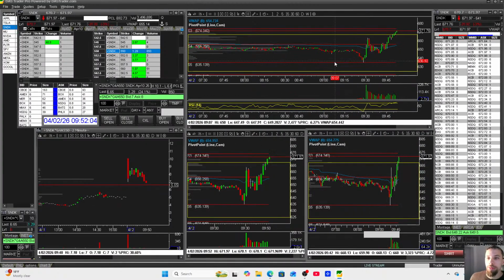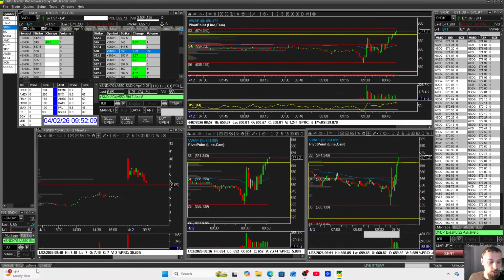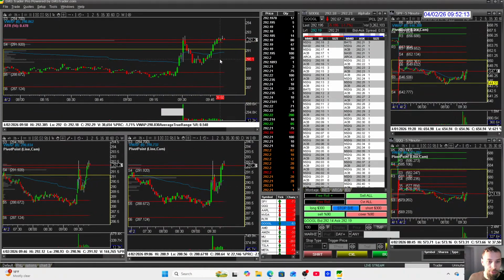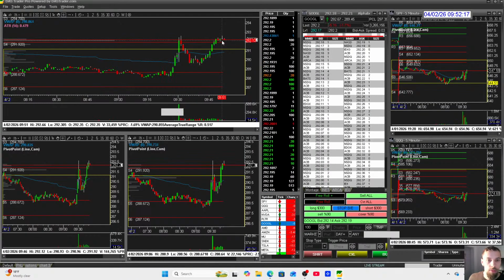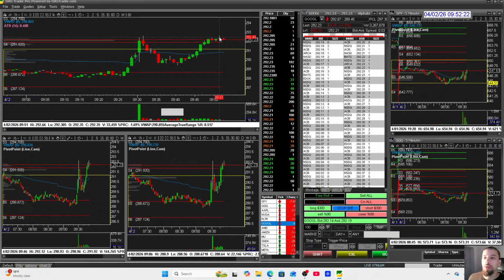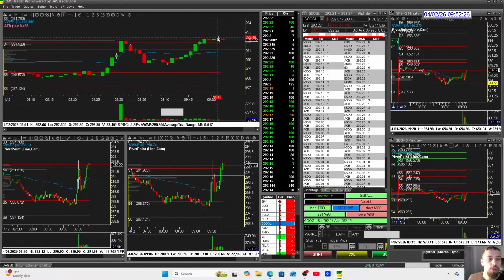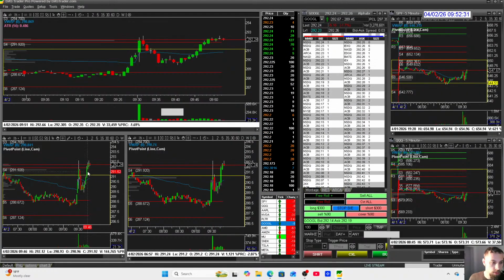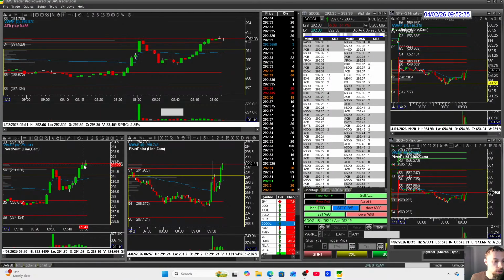SanDisk grinding here. Not much interest here on Google, I feel like. See that volume's dried down drastically as we test the high here. As we've been moving up, volume's dying down.